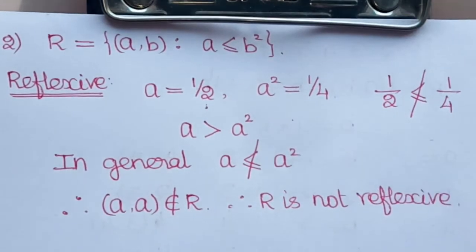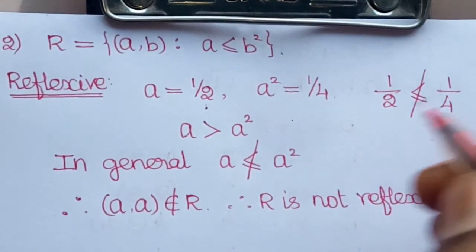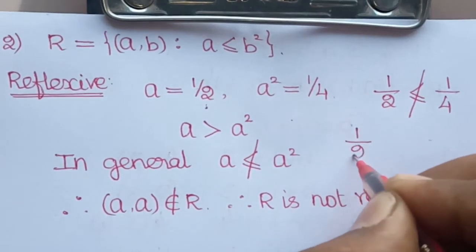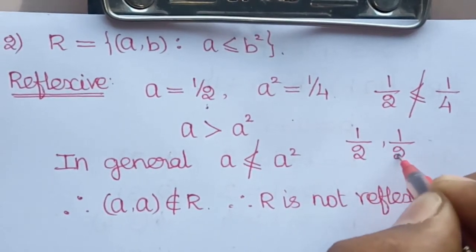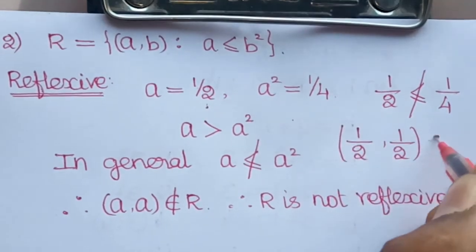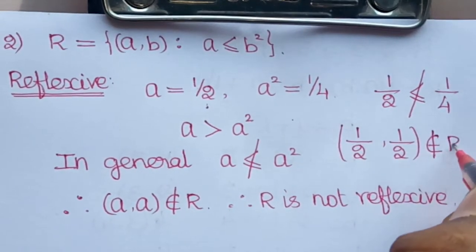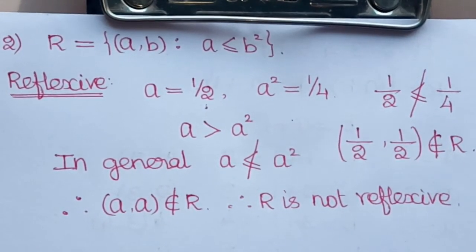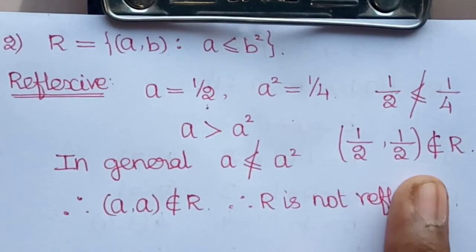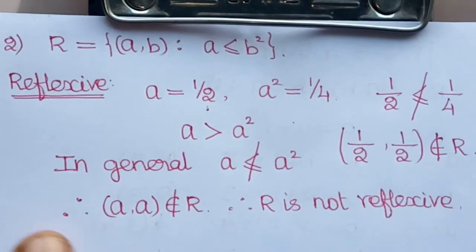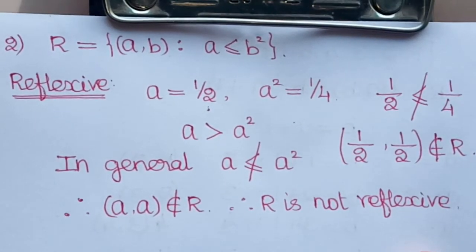No, it does not satisfy. So (1 by 2, 1 by 2) does not belong to R. For 1 by 2, the equal pair is not there. So R is not reflexive.